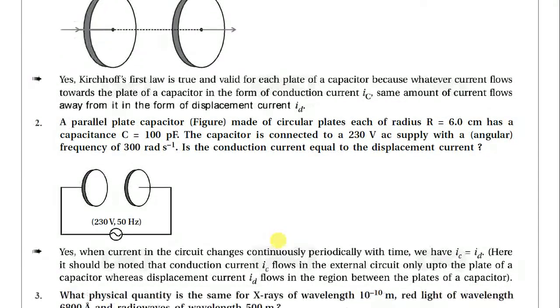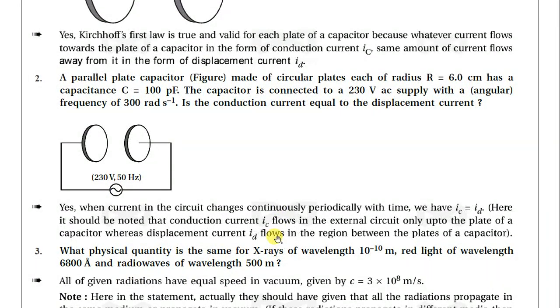Now see the second question. A parallel plate capacitor is made of circular plates, each with a radius of 6 centimeters, and the capacitance is 100 picofarad.